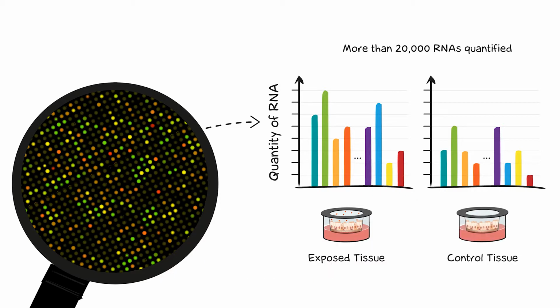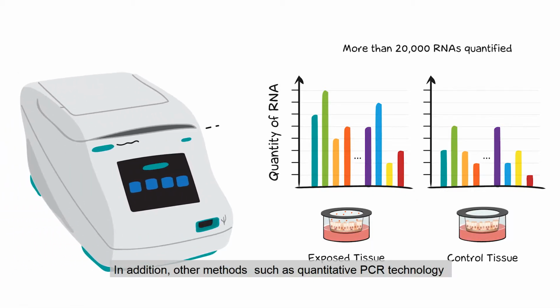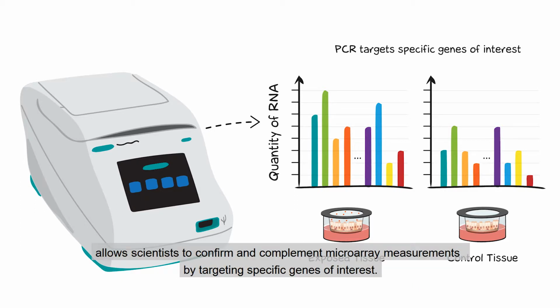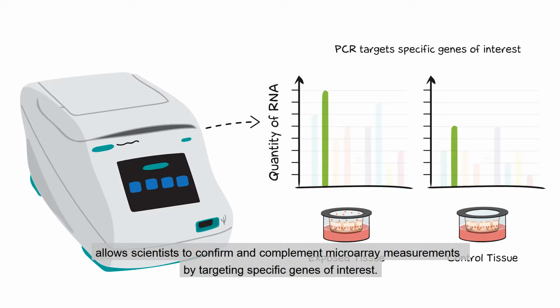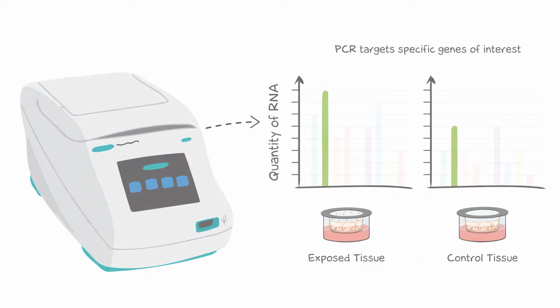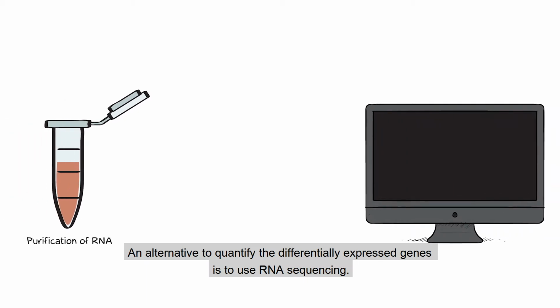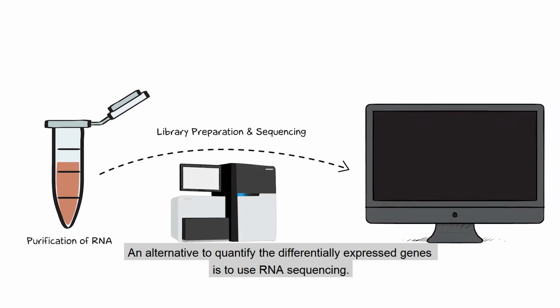In addition, other methods such as quantitative PCR technology allow scientists to confirm and complement microarray measurements by targeting specific genes of interest. An alternative to quantify the differentially expressed genes is to use RNA sequencing.